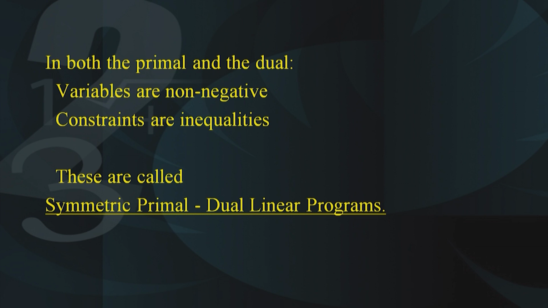So, if in a primal and a dual all the variables are greater than or equal to 0 and all the constraints are either less than or equal to type or greater than or equal to type, then it is said to be a symmetric primal dual programming problem. Later on we will see what we mean by asymmetric primal dual problems.